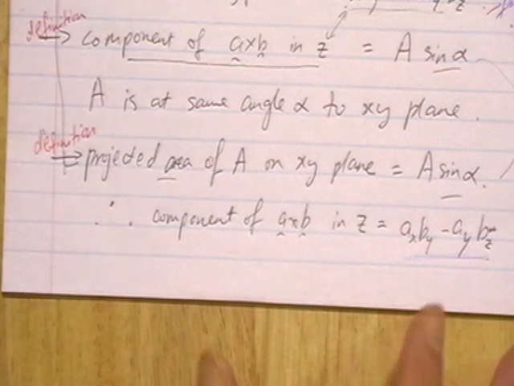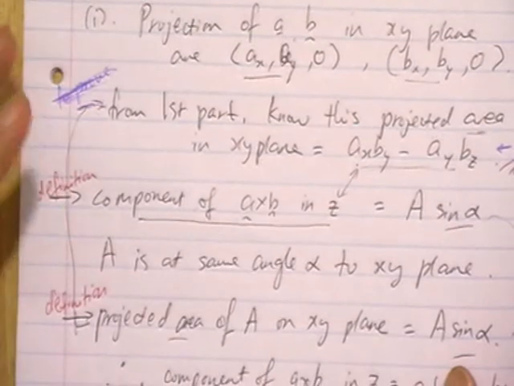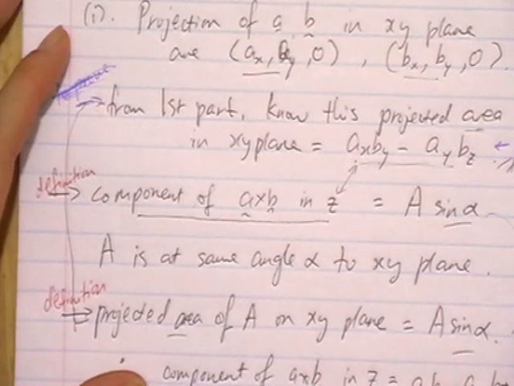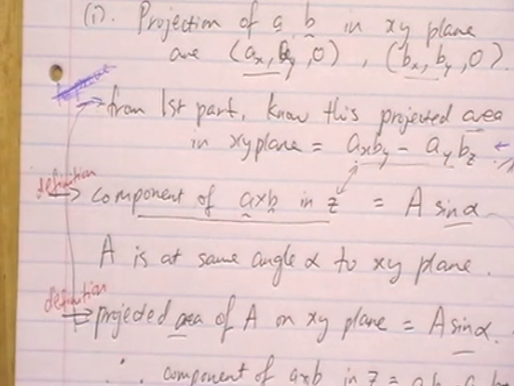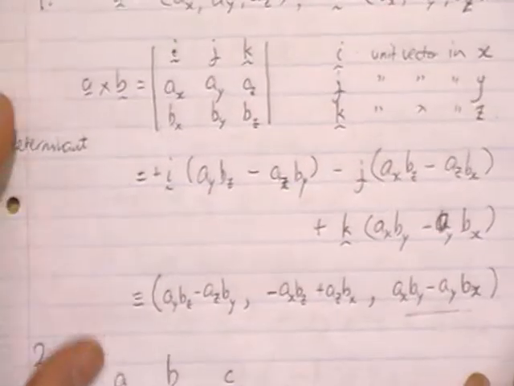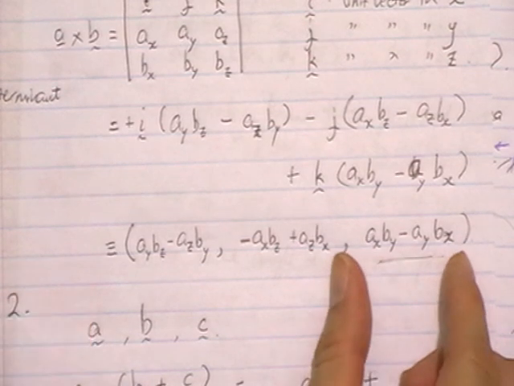Okay, so what I've done here is that I have proven this Z component of this first property of this formula for the cross product.